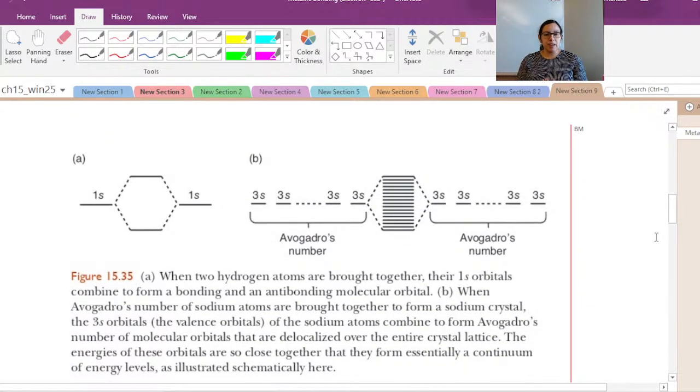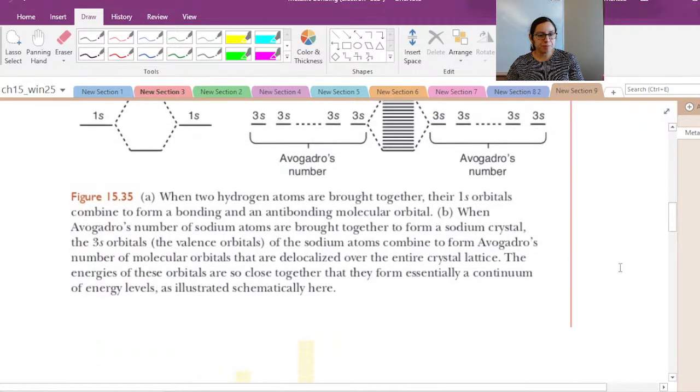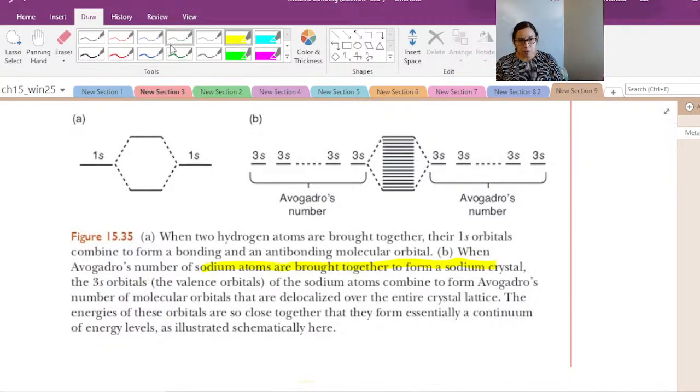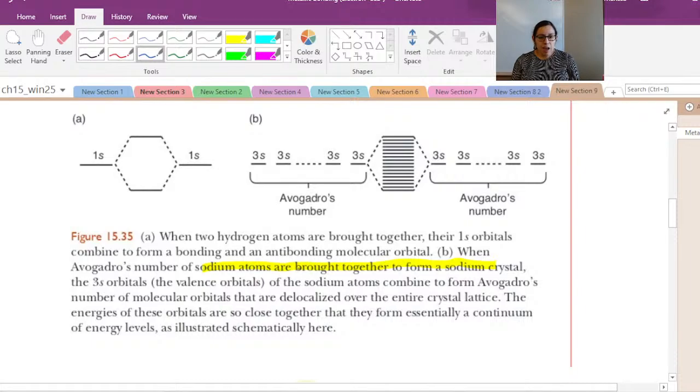So basically, and this is, let's look at sodium, or let's pretend that we're looking at sodium with our 3s here. And so basically, right, it's saying, okay, let's look at some sodium atoms, right? They're brought together. And so now we're kind of thinking more of a sea of electrons here.